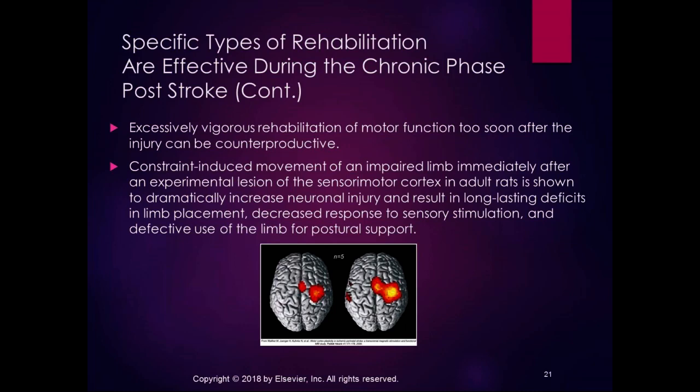So with constraint-induced movement, they actually constrain the unaffected limb, and they make you use the affected limb in order to rebuild new pathways. So that's a pretty interesting area of rehabilitation, constraint-induced therapy. So the limb that's constrained is the unaffected limb, or the less affected limb, and so it forces you basically to use the affected limb for functional activities.